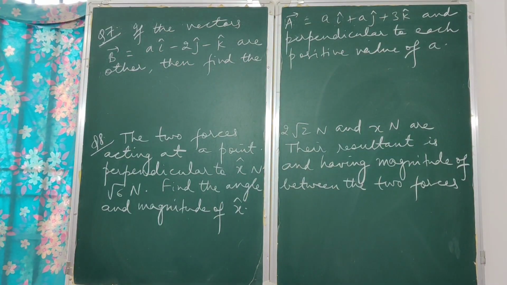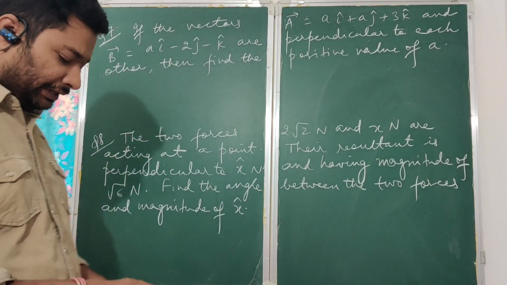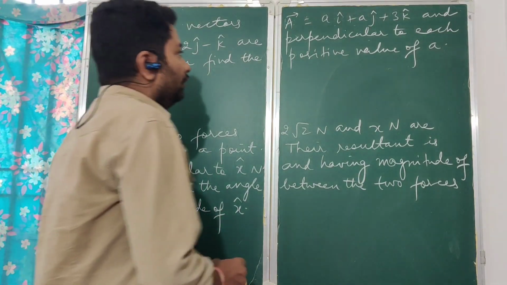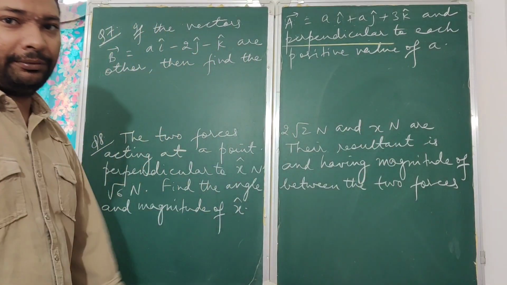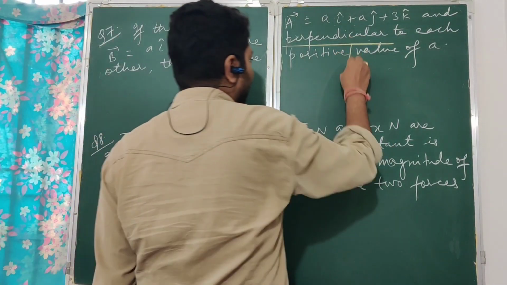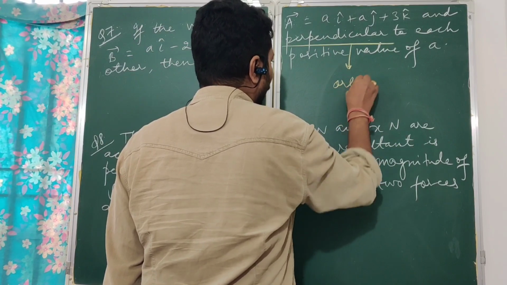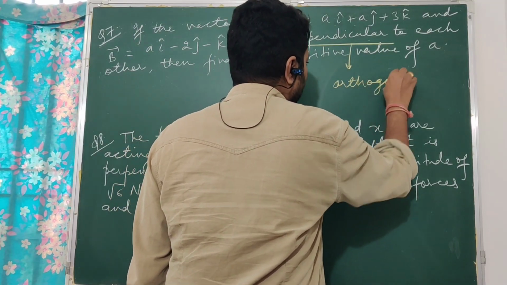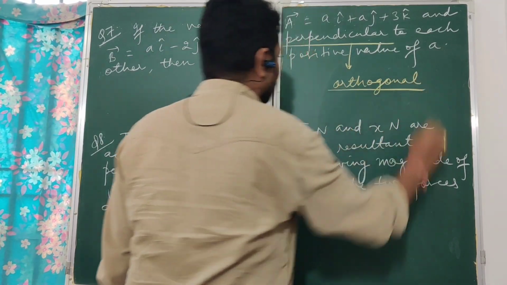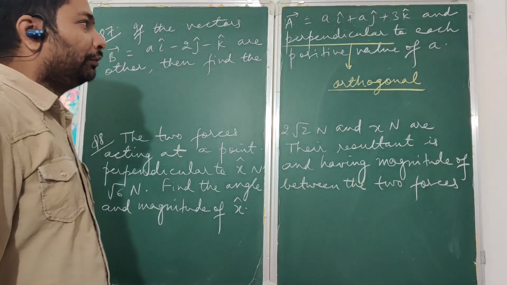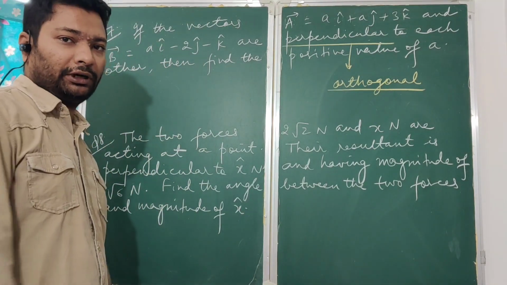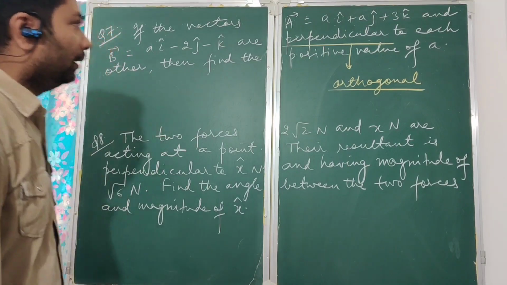Next question, there are two vectors which are given perpendicular to each other. So remember, whenever you get a question related to two vectors being perpendicular to each other, another term you can find is orthogonal. So whenever you find such a question, remember what you have to do. You have to take the dot product or scalar product.